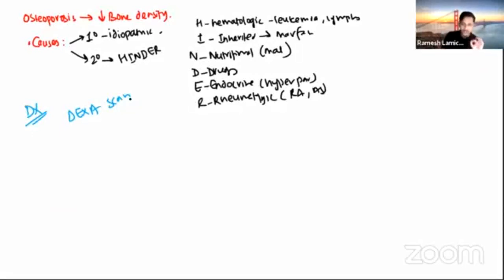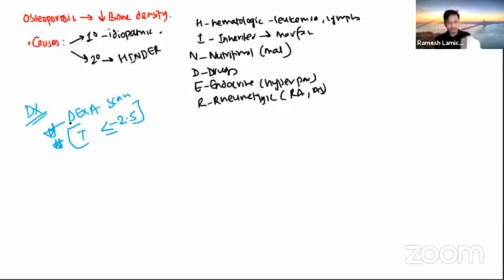It is specific for osteoporosis and measures the density of the bone. If the T-score of the DEXA falls below or equal to -2.5, then we diagnose this as a case of osteoporosis. Okay, so that is the diagnosis.